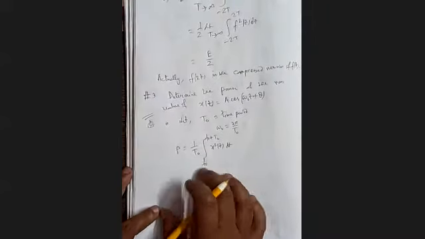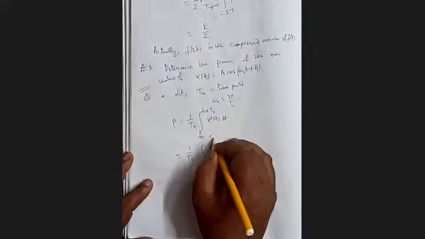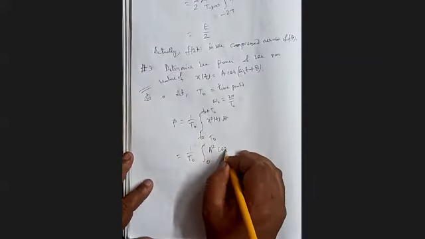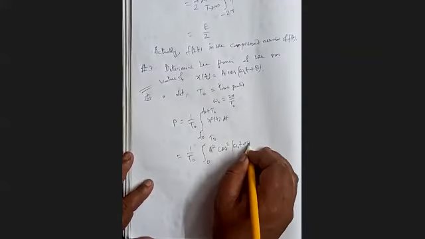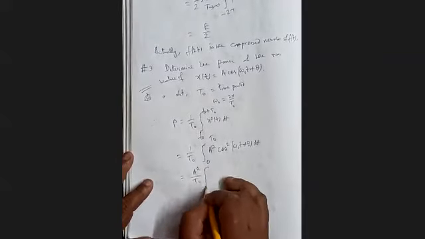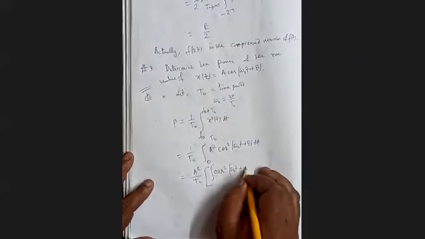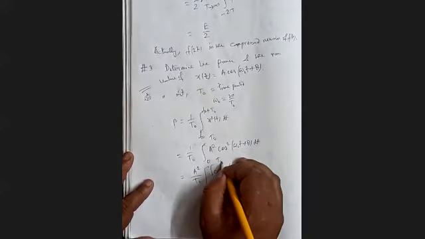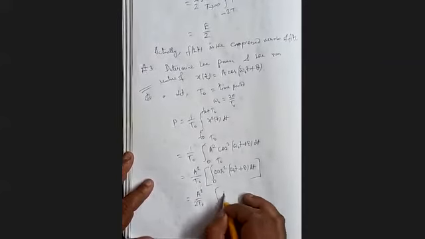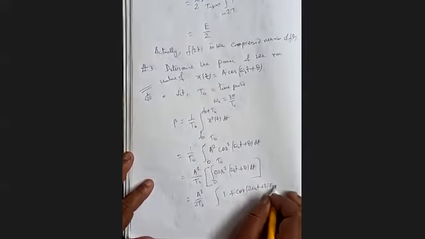So we are taking integration 0 to T0 just, and x square is A square cos square(omega 0 t plus theta) dt. So A square by 2 T0 into 1 plus cos(2 omega 0 t plus 2 theta) dt.